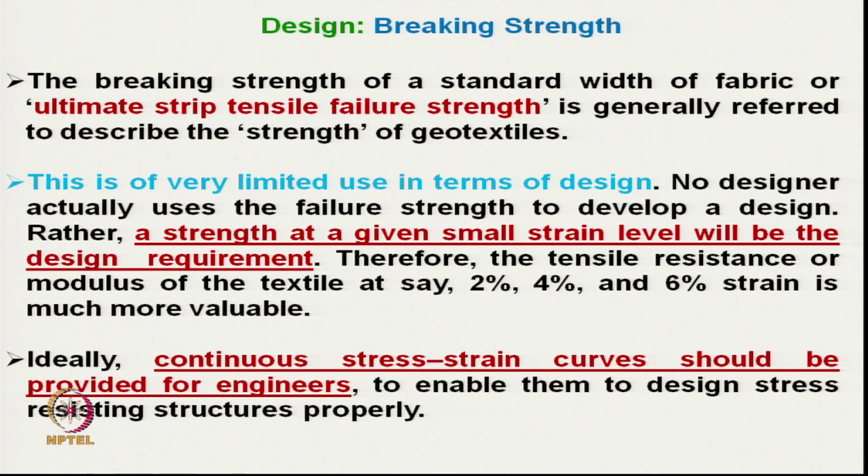If you have only the parameter ultimate strength, you will not be able to design the structure based on geotextile, because it will be misleading. Rather, a strength at given small strain level will be the design requirement. So, at different levels of strain, smaller strain 2%, 4%, 6% strain, these are much more valuable.